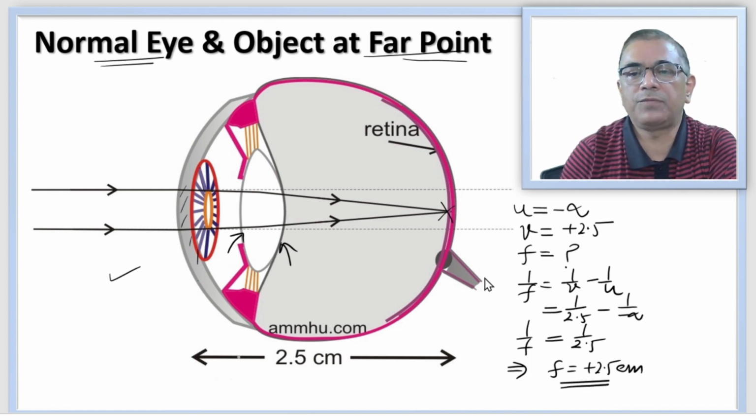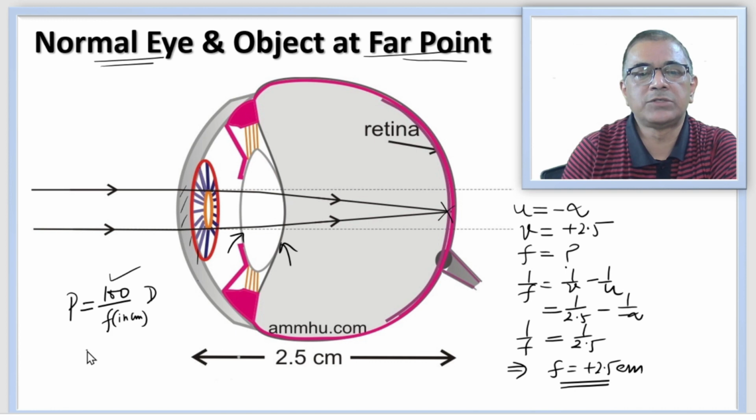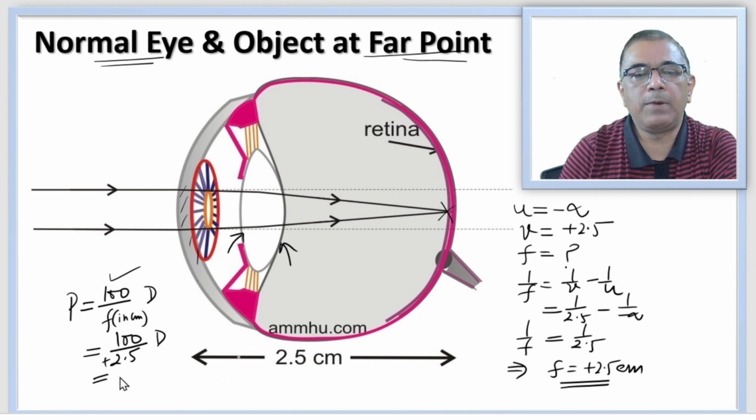So the power of the eye lens system will be given by the expression P equals 1 by f. f should be in centimeter, and the unit should be diopter. So this is equals to 100 divided by 2.5 diopter, and this is equals to plus 40 diopter.